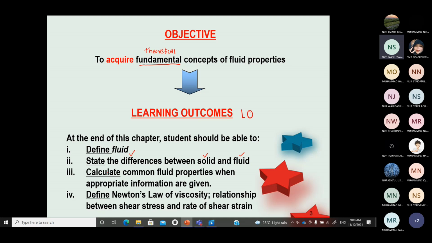Next, you must know how to calculate the common fluid properties. When we give some information, you will know how to use the formula that we will learn later, right? Next is to define Newton's law of viscosity, the relationship between shear stress and shear strain. This one I will go through after this.